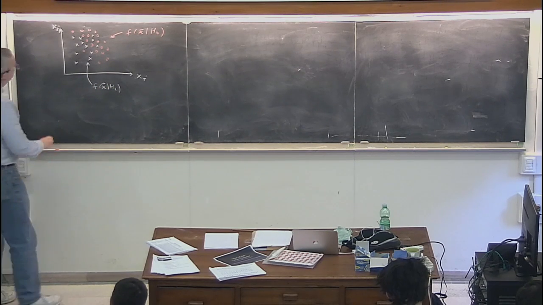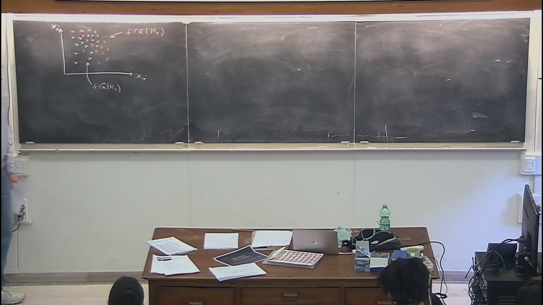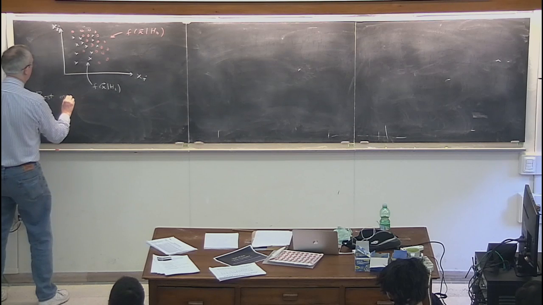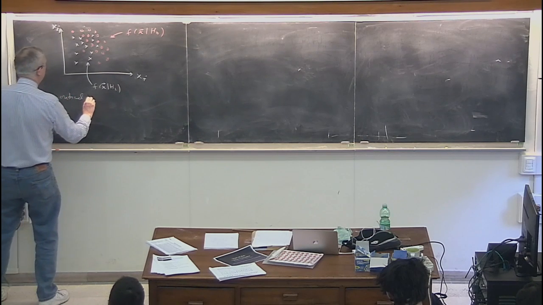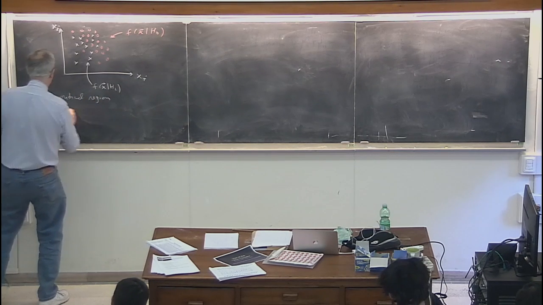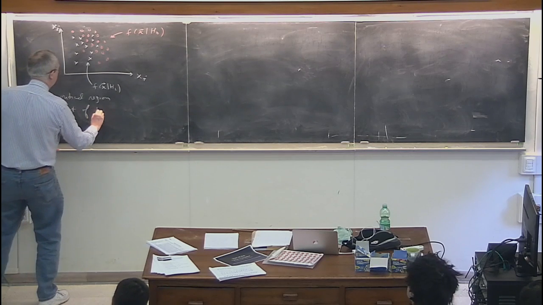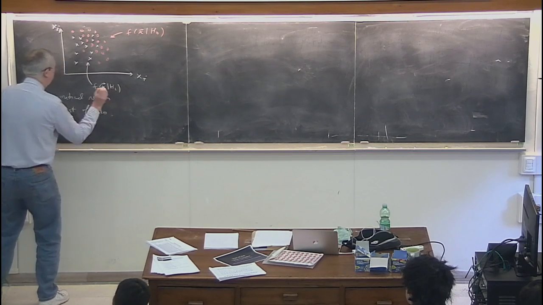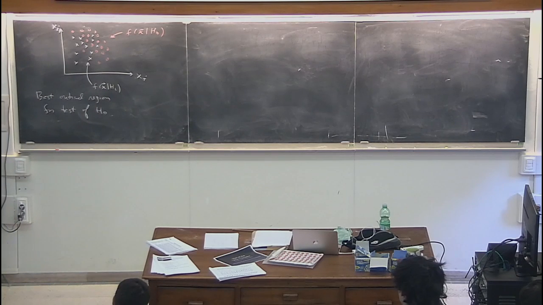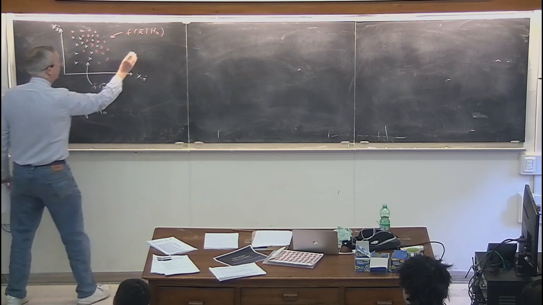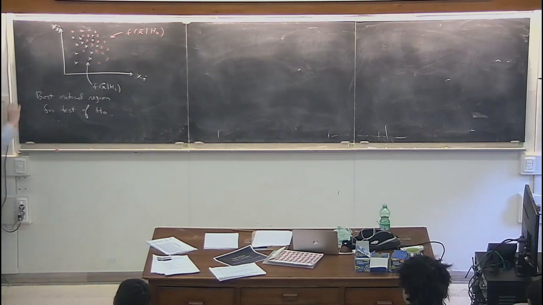And so what's the optimal critical region? So the best critical region for a test of H0. And I want it to be best in the sense that I want it to have a high power with respect to the alternative of H1. I want to maximize my probability to reject H0 if the hypothesis H1 is actually true.